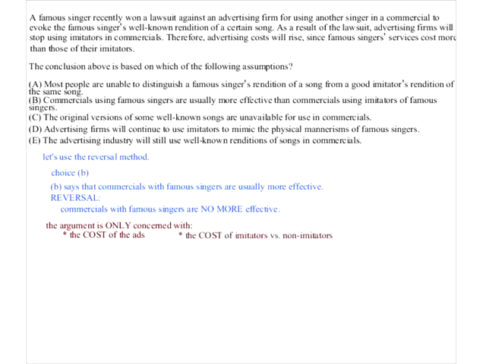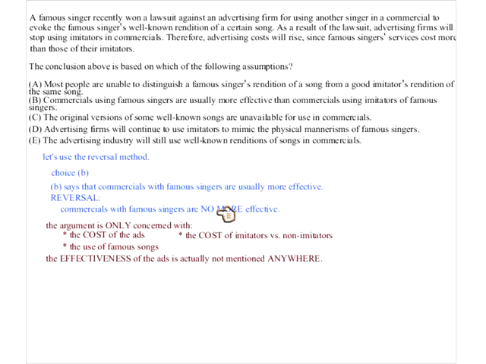And then the only other thing we're concerned with is the use of famous singers. In particular, the effectiveness is actually not mentioned anywhere in the entire problem. So therefore, this is going to have no effect.